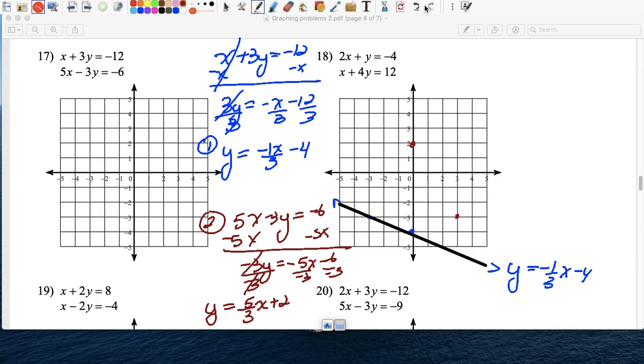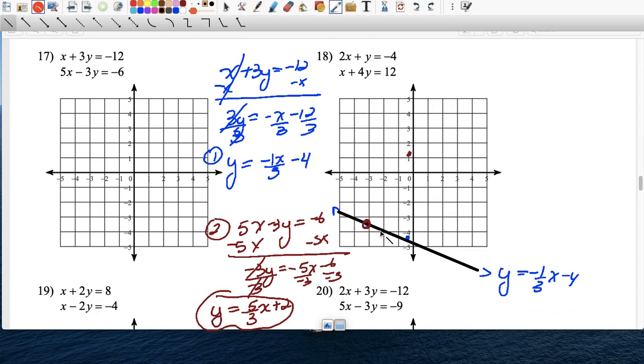Sorry, that's positive. My mistake. So this guy here, it's a positive slope. So 2 is my y-intercept. So it's 5 up and then 3 left and right. So 1, 2, 3, 4, 5, and then 1, 2, 3, and here's my point of intersection.